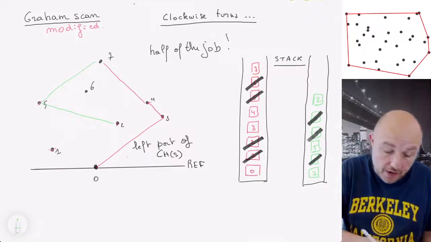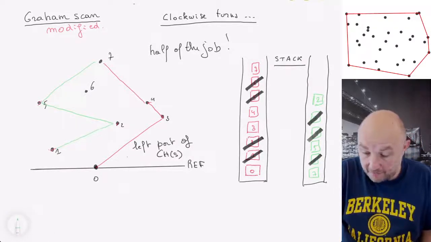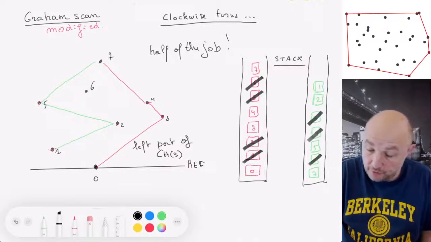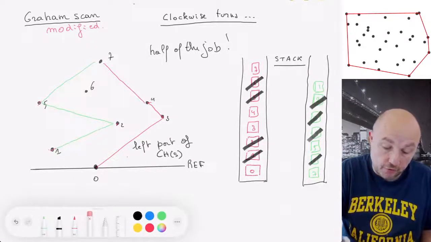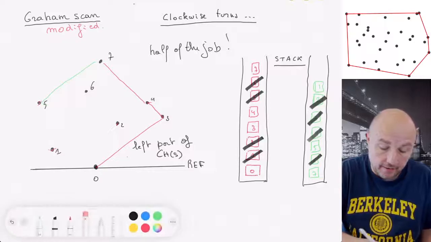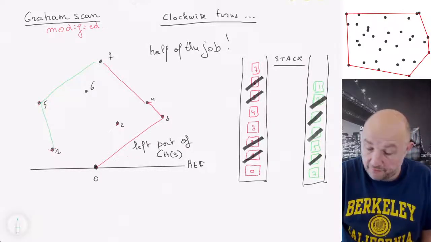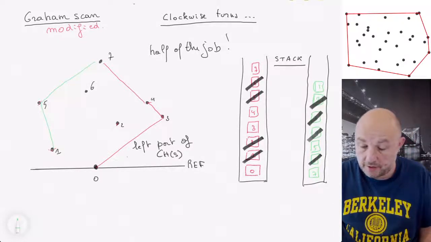And then we go to 1. Like that. 5, 2, 1 is a clockwise turn. Because it's a clockwise turn, we remove the middle one, and we replace those 2 geometrically, and then we do that. Then we look if 7, 5, 1 is a clockwise turn. It's not.